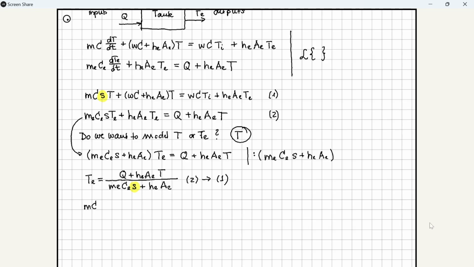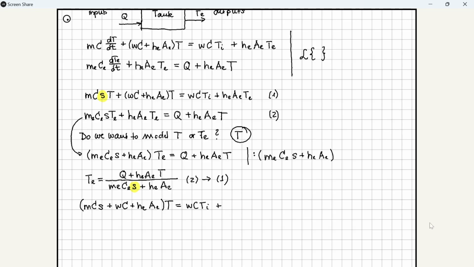So we still have an S in here, plus WC plus HEAE equals WCTI. And now we have the additional factor HEAE times TE.